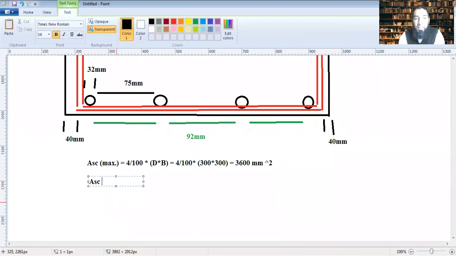And how much is minimum? Yes, 0.8. Am I right? 0.8 percent of D cross B, that's 300 cross 300.